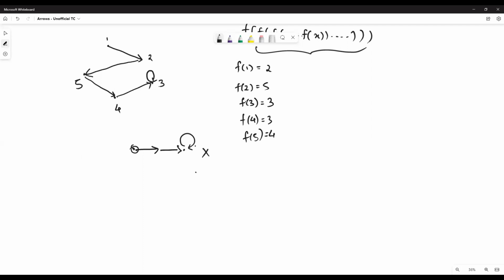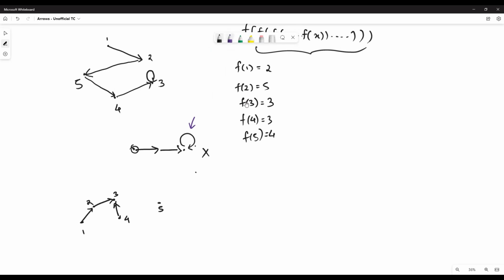So if you remove these self loops, then what you get is a bunch of trees. So something like this is 1, this may be going to 2, this may be going to 3, 3 may have a vertex coming from 4, 5.